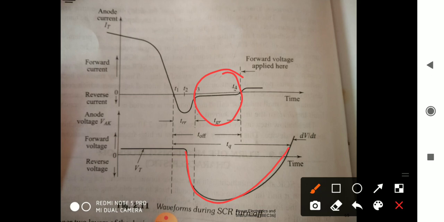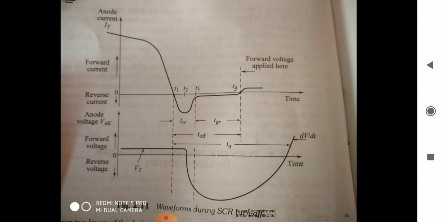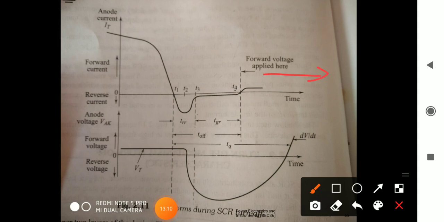In order to remove those, we need to apply the negative voltage for a particular time period. So along with making the anode current 0, we need to apply the voltage in the reverse direction to turn off the SCR completely. So why won't it stop immediately? Because of the presence of minority as well as majority charge carriers. So it will take some time, and after that it will come to a forward blocking state. So this state is nothing but a forward blocking state. After this it will be in forward blocking mode.